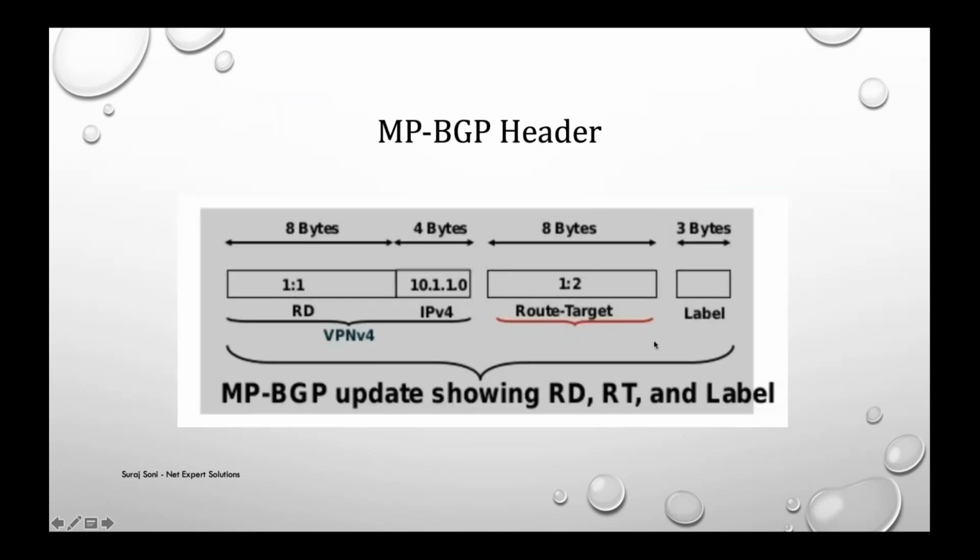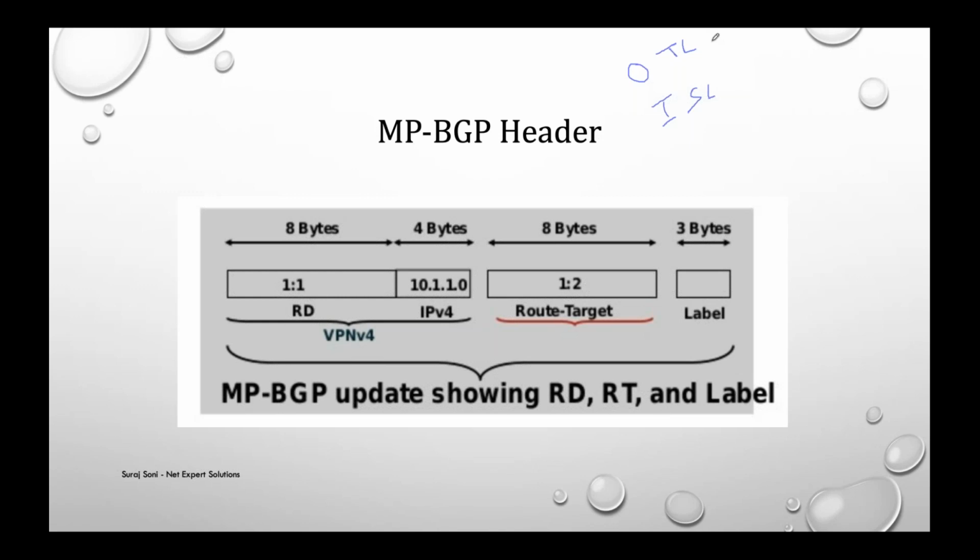So this is the entire MPBGP header. On day one, if you remember, we have something called the outer label and something called the inner label. The outer label is known as the transport label, and the inner label sometimes will be a service label, sometimes a transport label again, but I will explain in what cases. Right now the inner label is the service label and the outer label is the transport label.